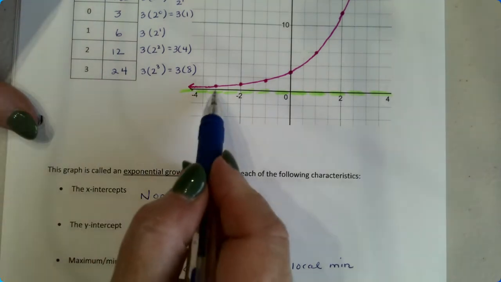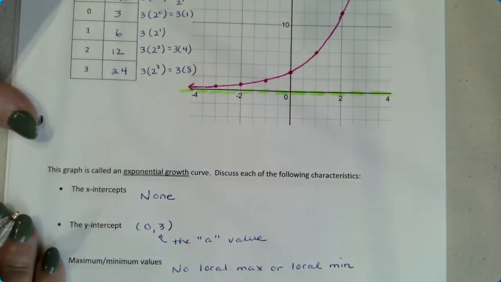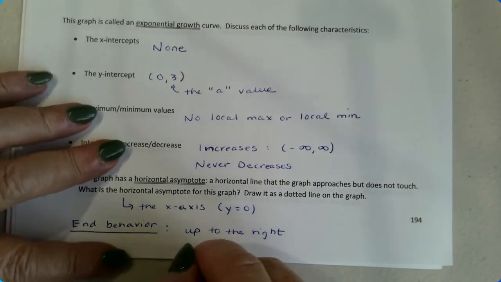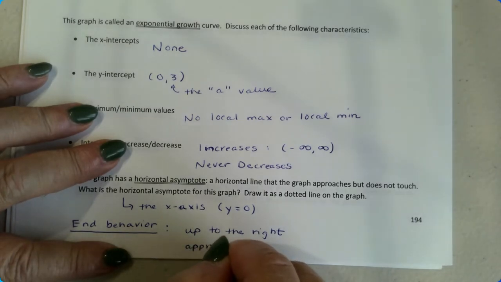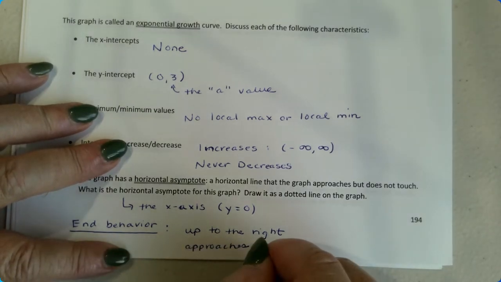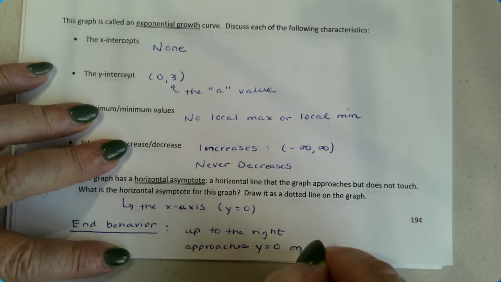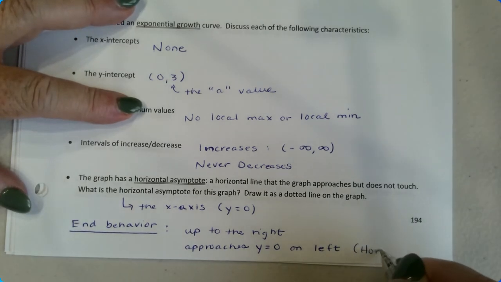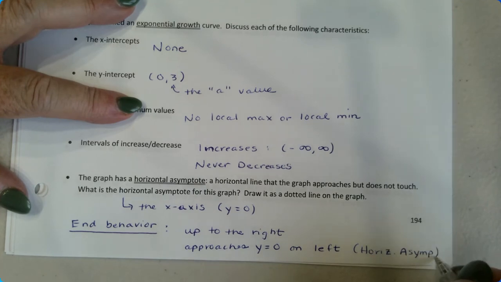So this graph is approaching the line y equals 0 on the left. It's approaching that horizontal asymptote. Up until now, all of our end behavior has either been up or down. We now have something new to add. With these horizontal asymptotes, we may approach a particular y value. And again, that behavior is due to that horizontal asymptote.